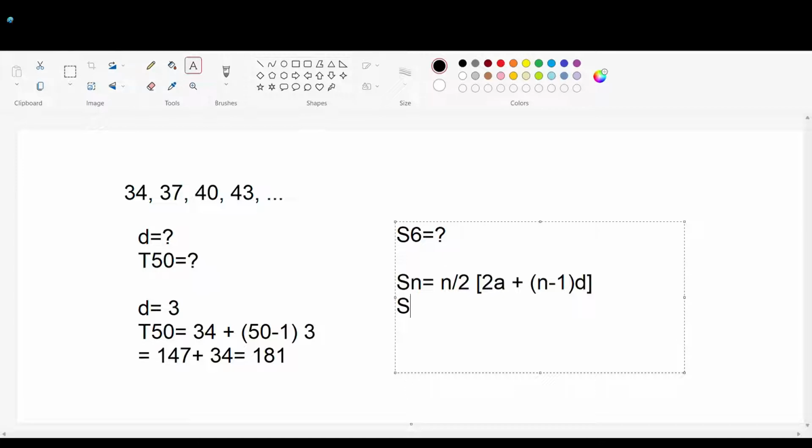So here n is 6, the sum is equal to n over 2 times 2a, a is 34, plus n minus 1, n is 6 minus 1, times the common difference, which is 3. And after you have simplified it, the answer is 249. So 249 is the sum of the first 6 terms in the sequence.